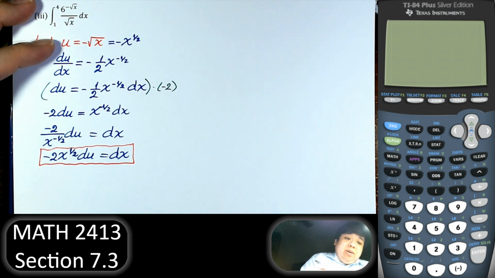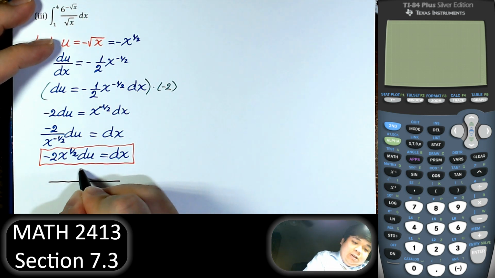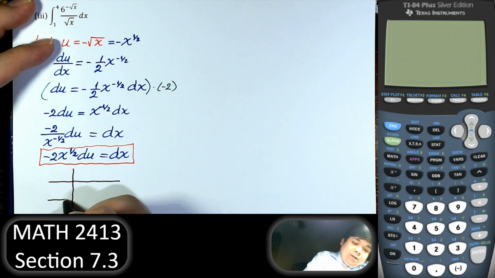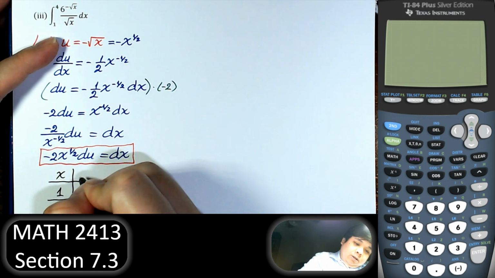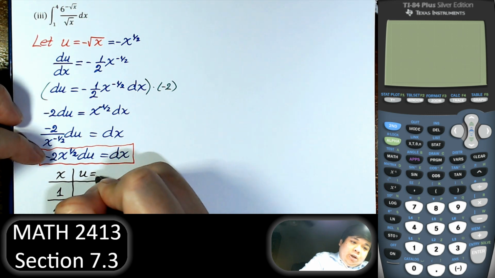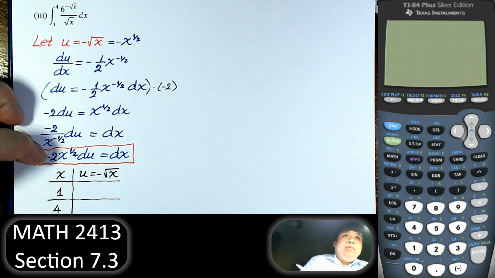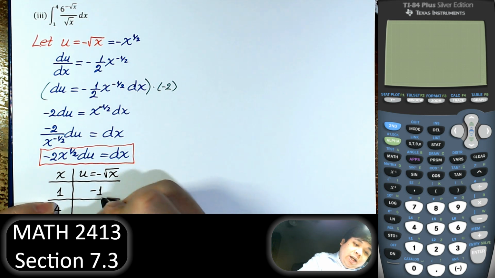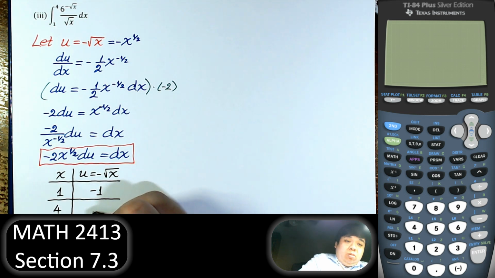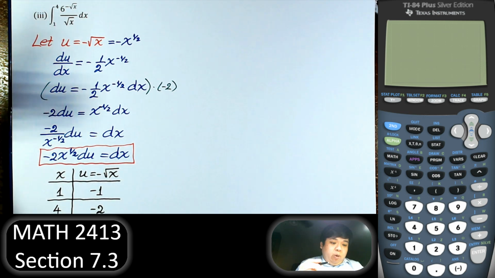Right, let's change the limits as well. u equal to negative square root of x. When x equal to 1, we have negative 1. When x equal to 4, negative 2. So instead we go from 1 to 4.